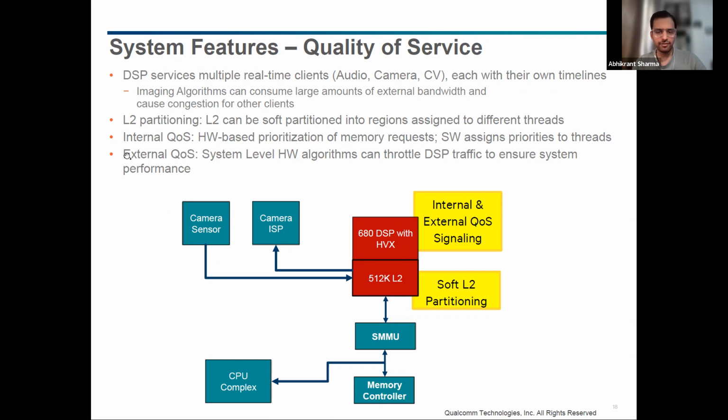And there are 2 interesting features again on the DSP, which are internal quality of service and external quality of service. Internal quality of service means there is hardware-based prioritization of memory requests, and software will just assign the priority to the threads. By software here, we mean the RTOS, the real-time operating system.